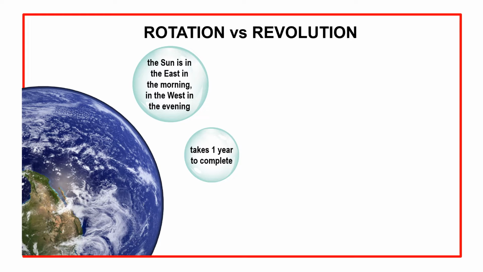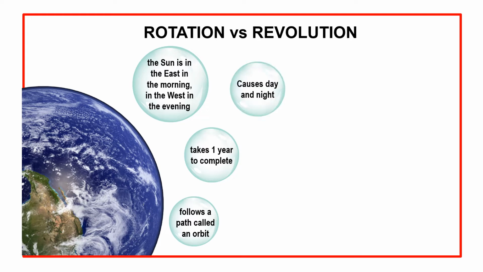We have revolution. Next, follows a path called an orbit. It's revolution. Causes day and night. Yes, rotation.